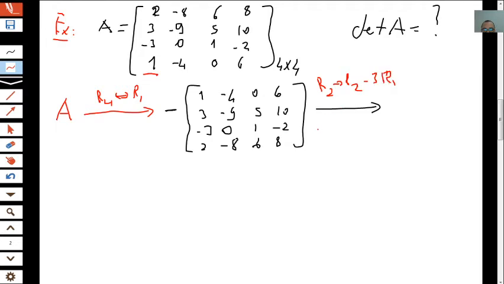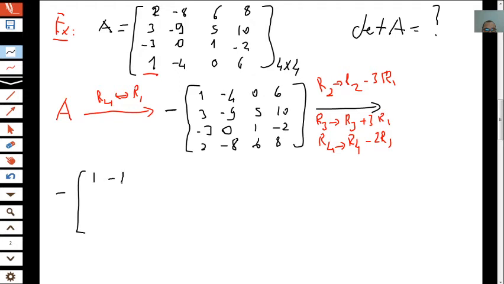R3 is replaced by R3 plus 3 R1. R4 is replaced by R4 minus 2 R1.